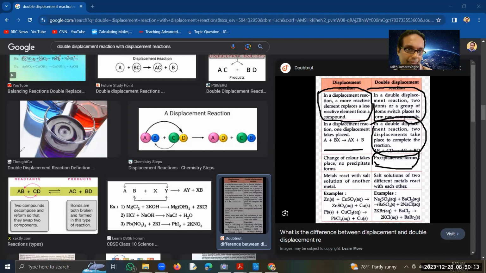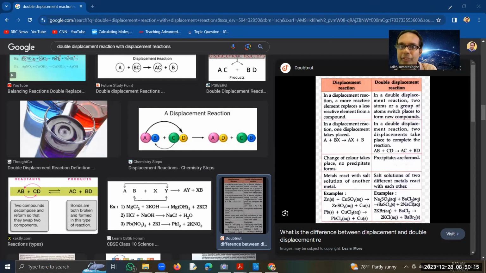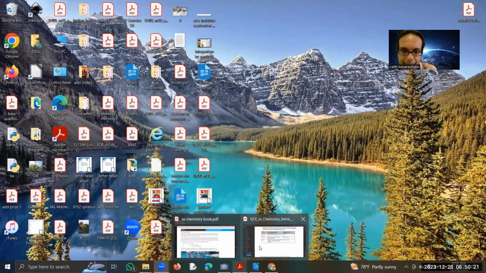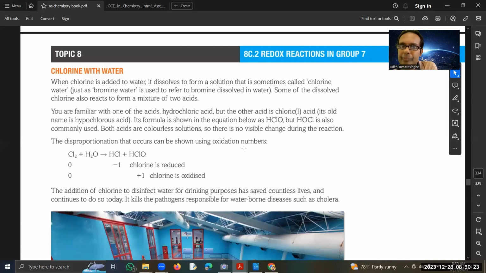Another statement you have to be careful with, from what you learned in small classes, is that when you come to this level, not all neutralization reactions form salt and water. Some will form salt only. Good example, ammonia gas reacting with HCl gas.